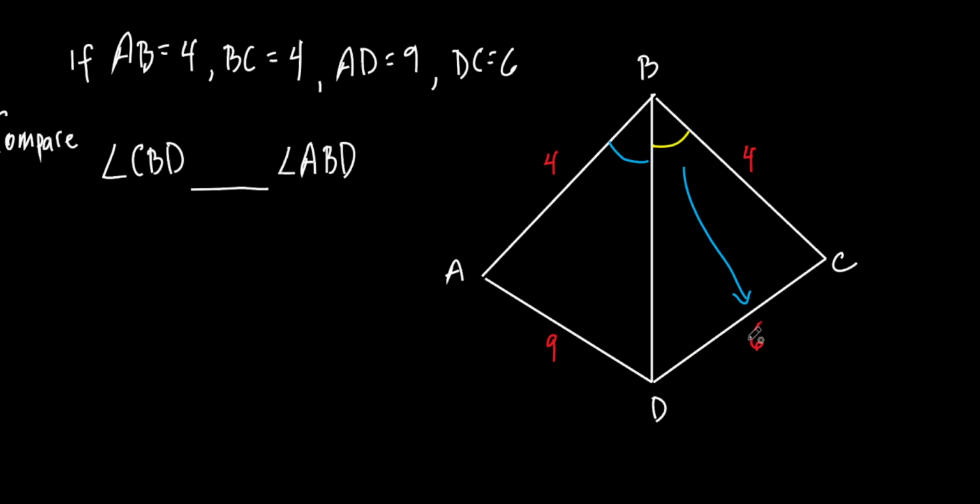Look across from this. That's across from 6, or opposite 6. And this is opposite 9. So which one's the smaller one? The yellow one, right? So CBD is the smaller one. So CBD is what compared to ABD? It's less than. That's all there is to it.